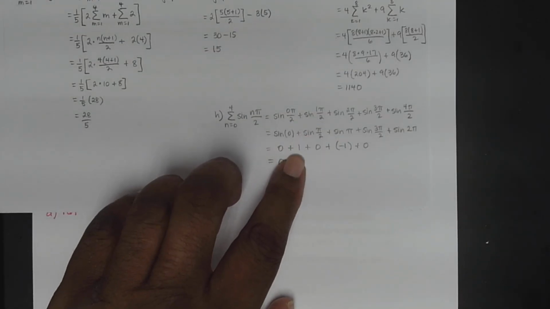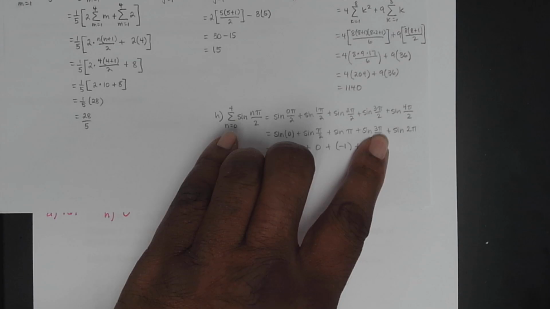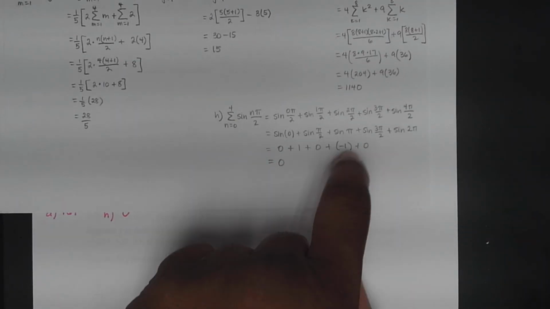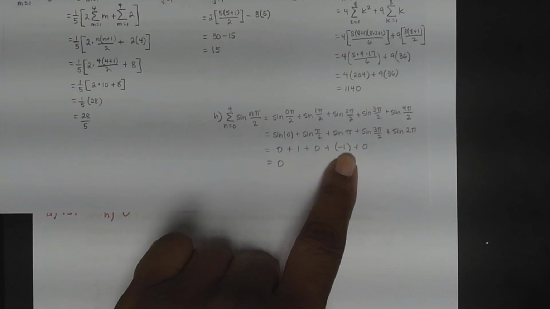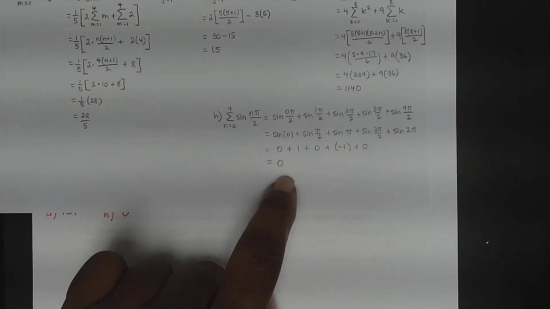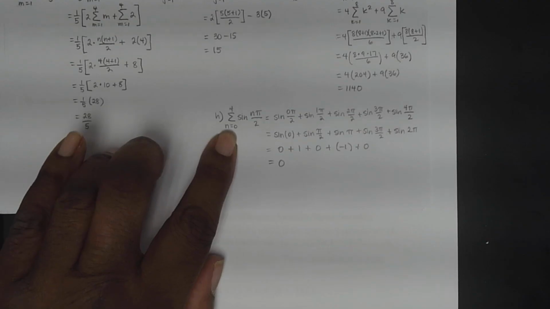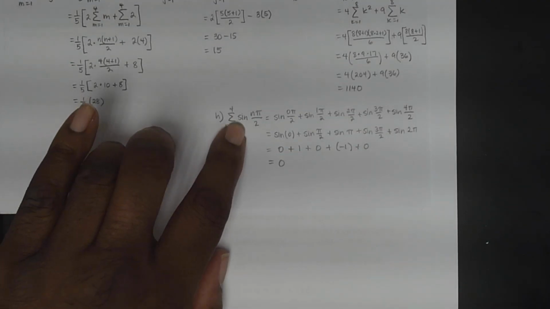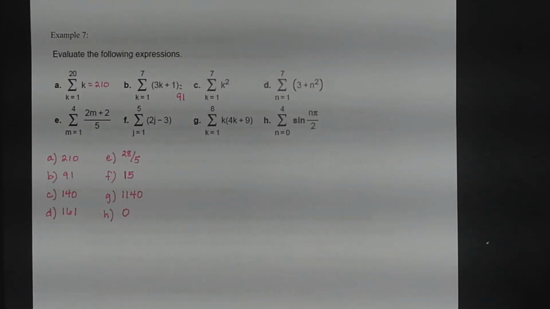Sine of pi over 2 is 1. Sine of pi is 0. Sine of 3 pi over 2 will be negative 1. And sine of 2 pi will be 0. Here, 1 and negative 1 end up being 0, so that means the summation for n equals 0 to 4 of sine of n pi over 2 will end up being 0 as the final answer. Okay?